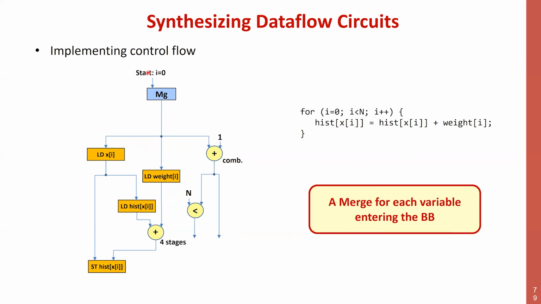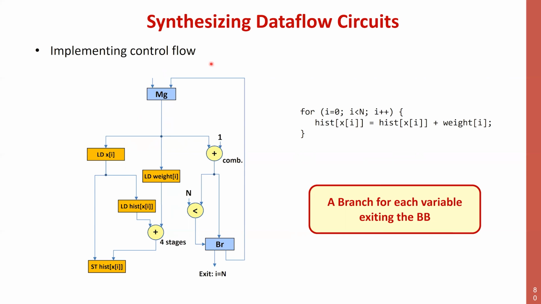And so I put a merge that has this notion of taking the token from whoever it comes. And at the other end of the basic block, I need to decide which successor should get my token. And naturally there is a branch node, right, which has the same name of the instruction that we will put at the end of a basic block.